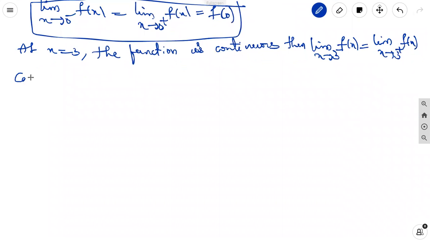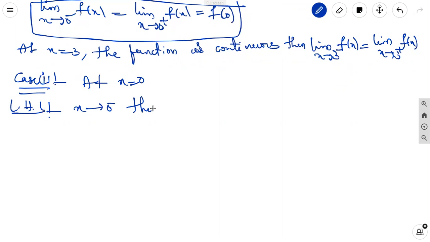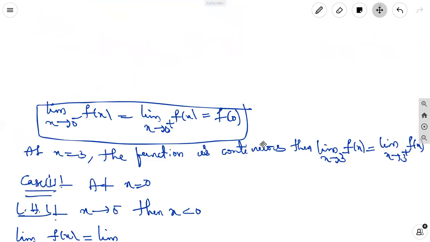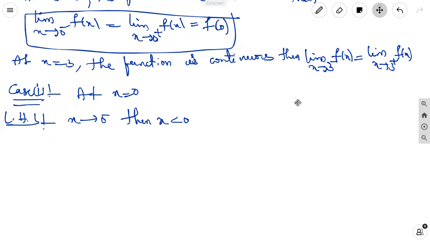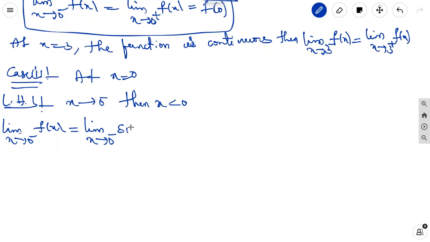Now, for case 1, at x equal to 0, the left hand limit, as x tends to 0 minus, the x values are less than 0. So limit x tends to 0 minus f of x is equal to limit x tends to 0 minus, and for x less than 0 the relation is sin x. So here we write sin x. Substitute 0, it is sin 0, the value is 0.